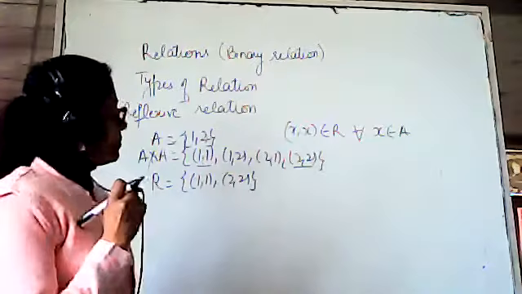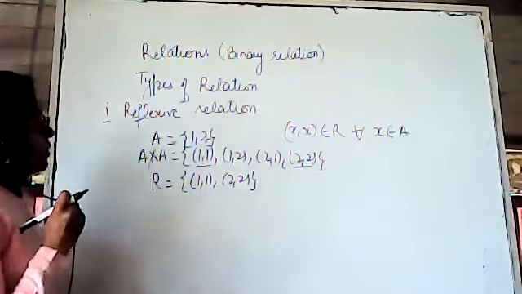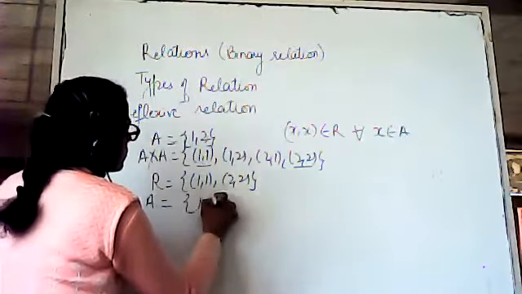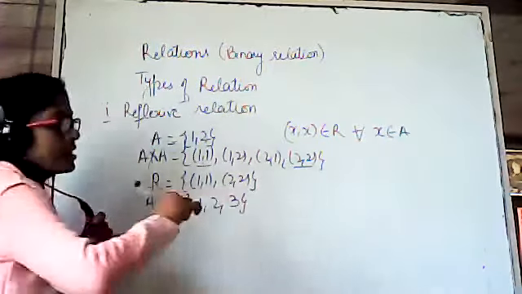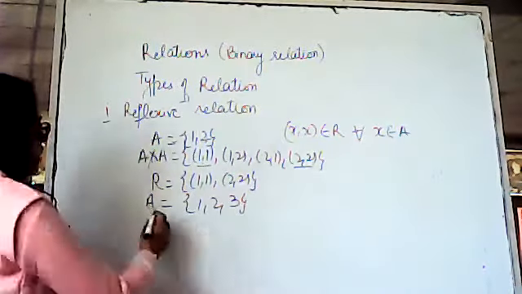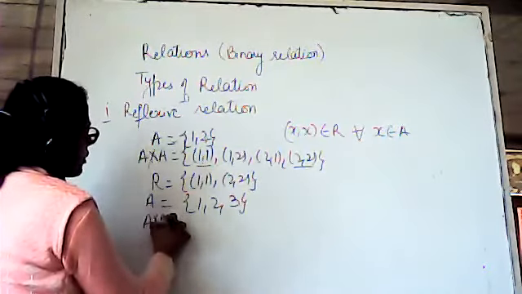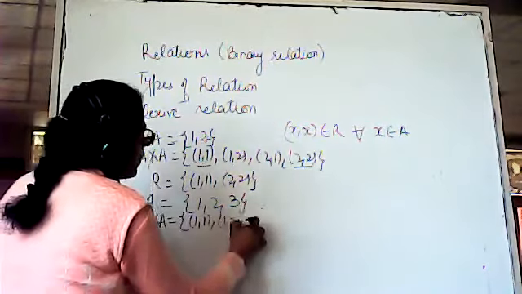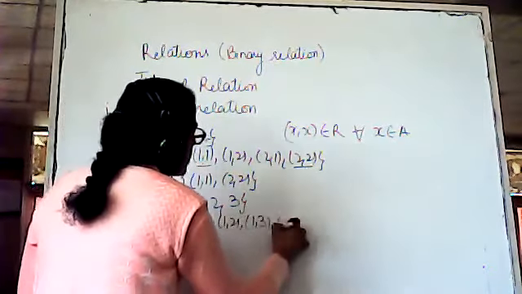For example, let us take some more elements in the set A. First of all, we want to find the cross product of this set. It will be 1 1, 1 2, 1 3.